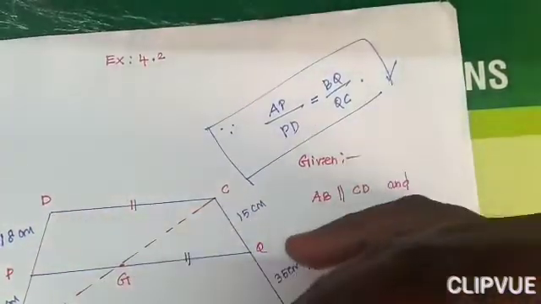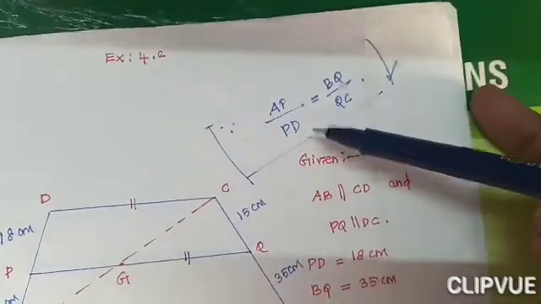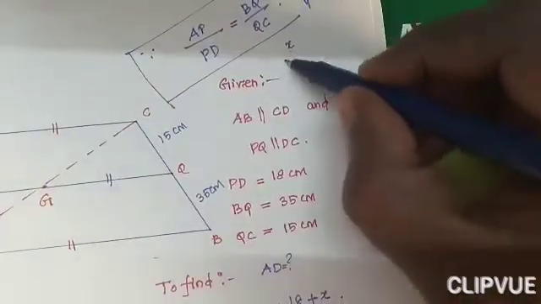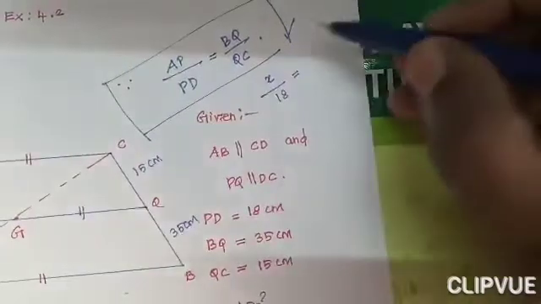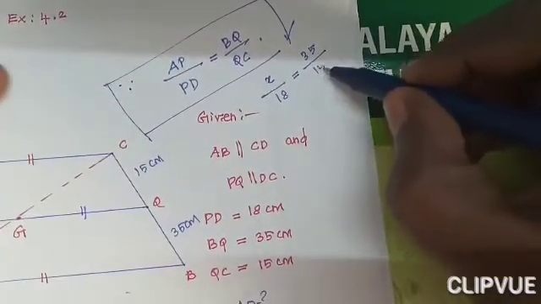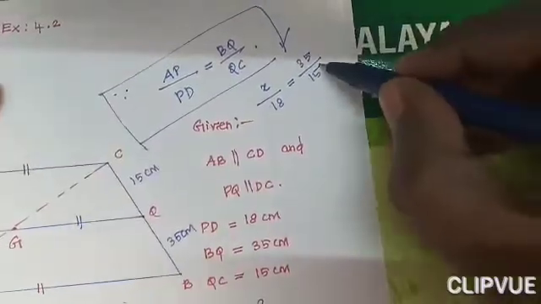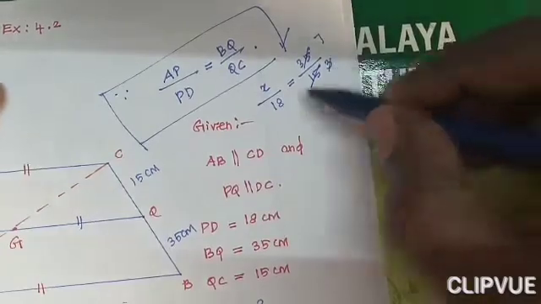Actually AP by PD equal to BQ by QC, you can write it directly. AP value is X, so X divided by PD equal to 18 is equal to BQ by QC, BQ is 35 by QC is 15. Okay, so here 5 times 3, here 7 times, here 6 times.